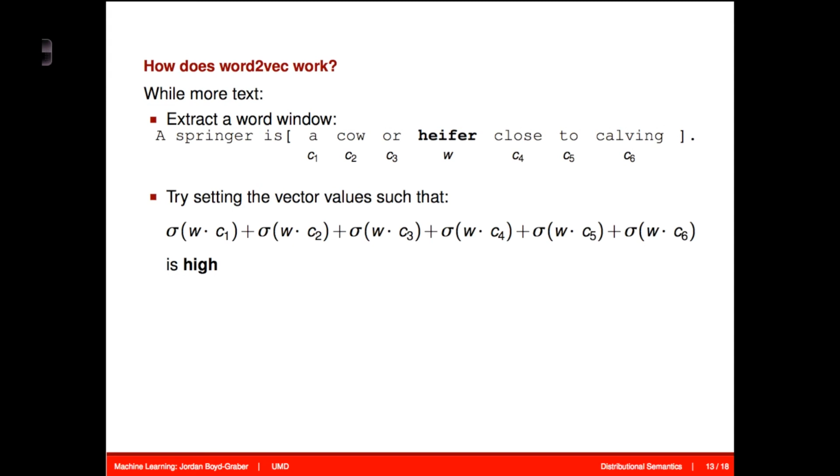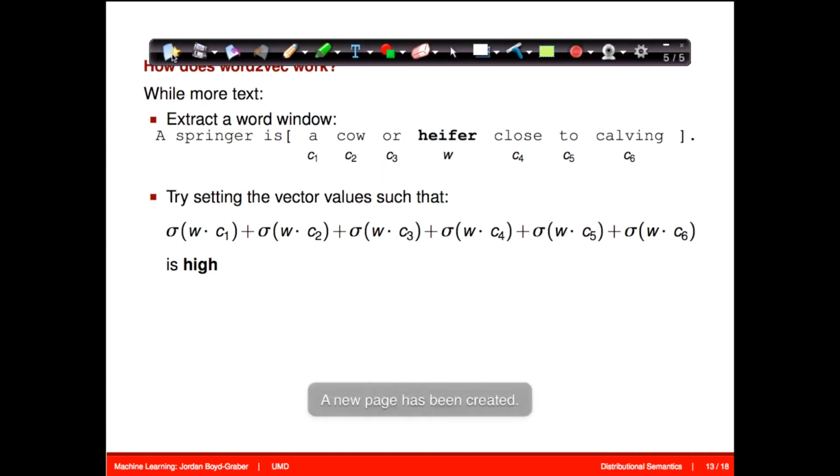What we want to do is find vectors W and C1 through 6 such that when we take the dot product of the target word, which again is heifer, with all of the context words around it, and pass it through a nonlinearity, that value is going to be high.